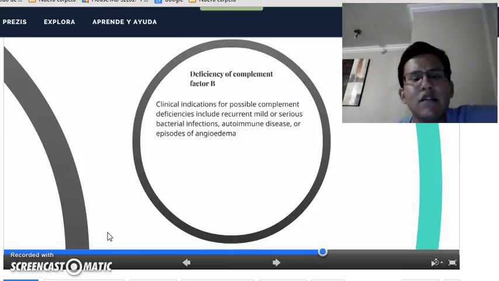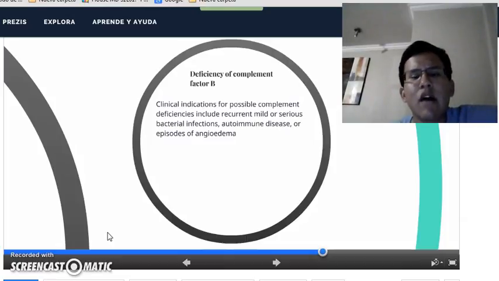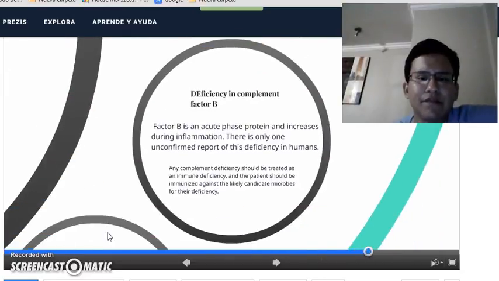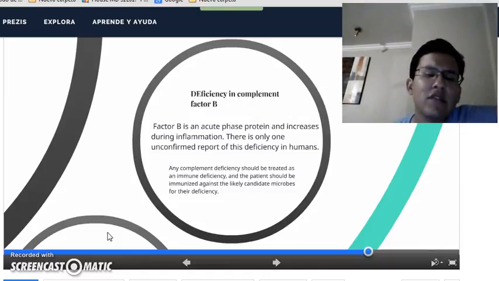Finally, deficiency of complement factor B. Clinical indications for possible complement deficiencies include recurrent mild or serious bacterial infection, angioedema, or episodes of meningitis. Factor B is an acute phase protein and increases during inflammation.